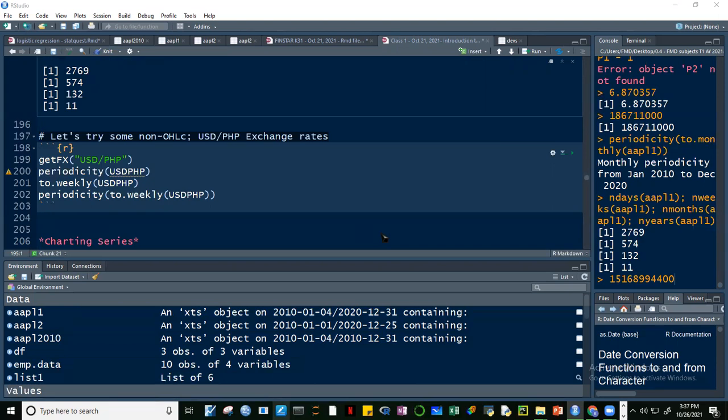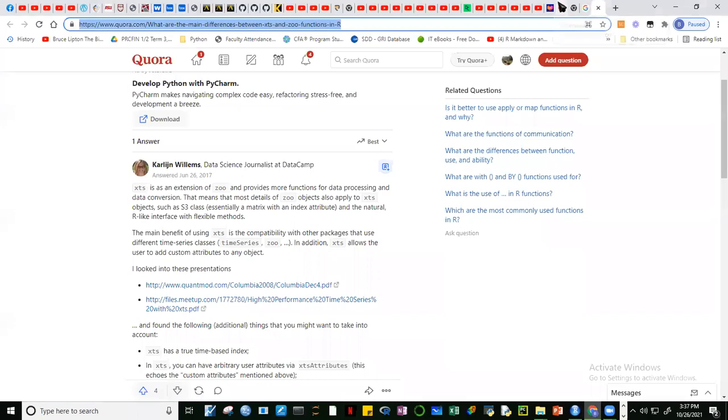We can download it from Fred. Also Oanda. That's a website where we can get particularly exchange rates. Oanda is a very powerful package for getting those. Let's just look at that first so that you're familiar.